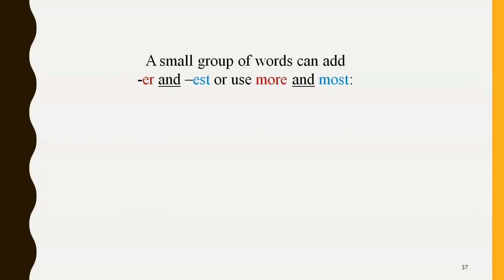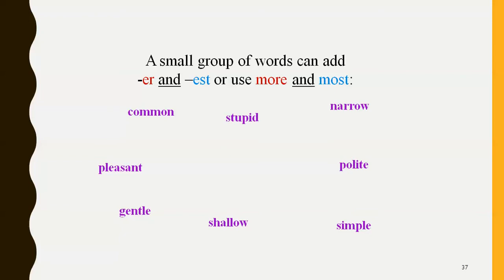Okay, small group, we add ER and EST. Common, pleasant, narrow, polite, simple, cruel, stupid, shallow, gentle. These are the group which we call the smaller group. Okay, we should end them with EST or ER according to the comparative or superlative.